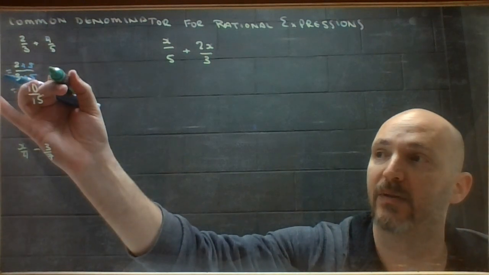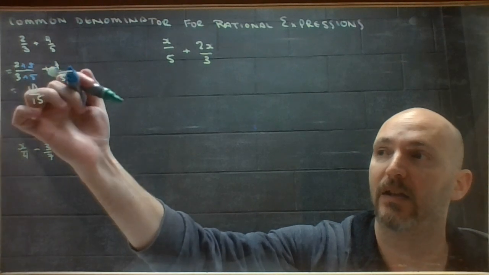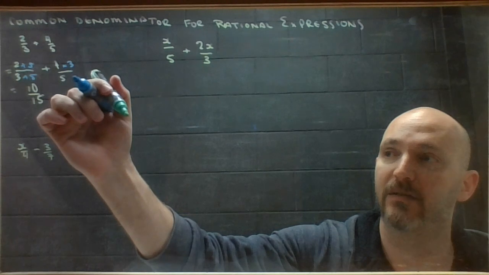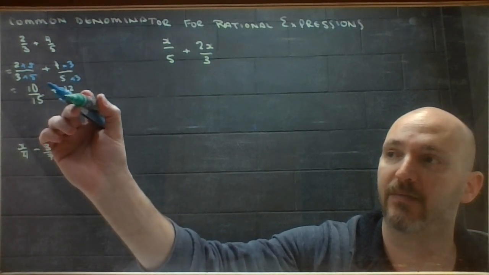If I do that to this one, 4/5, this fraction is missing the division by 3, so I'm going to introduce it. I end up with 12 divided by 15.